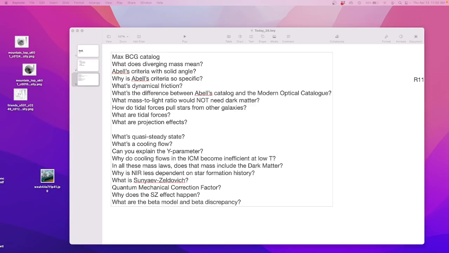Abell's criteria was solid angle. So his criteria says that the distance between each cluster and I think the third brightest cluster member is something like 1.7 arc minutes over the redshift. So as the redshift goes up, this angle criteria goes down, right?